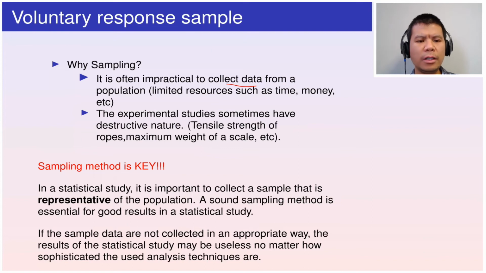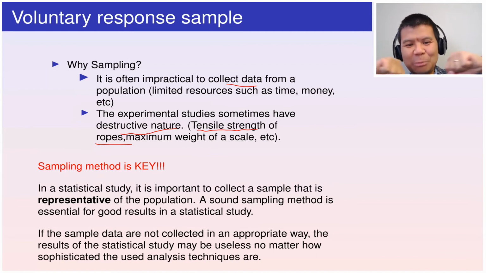Another possible reason is that some experimental studies have a destructive nature. What does that mean? Consider this example. If you want to measure the tensile strength of ropes, you have to test the maximum tensile strength by pulling until it breaks.